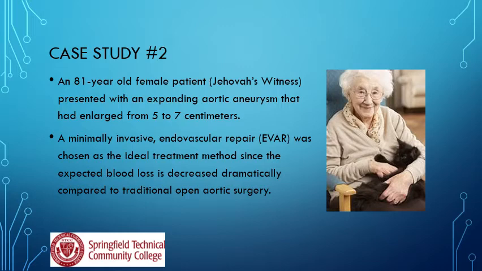She's kind of a tiny woman, so I would be surprised if it was larger than 2 normally. But her aorta has an aneurysm that is 7 centimeters in diameter. So if you imagine that inside your belly, that's a pretty good size aneurysm.